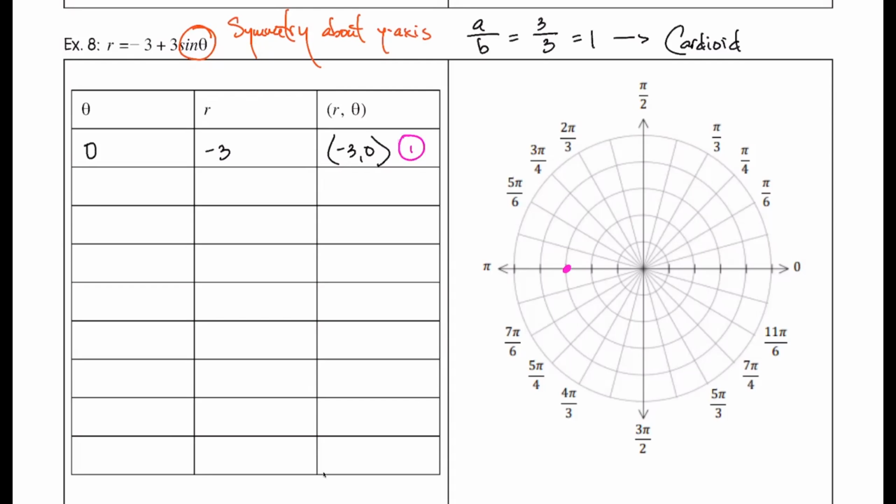The negative tells us more about whether it's facing to the right or to the left, or if it's an up or down one, does it face up or does it face down? I'll give you a moment to write that down: when we're looking at the ratio, we're actually looking at the absolute value to tell us which shape it's going to be.